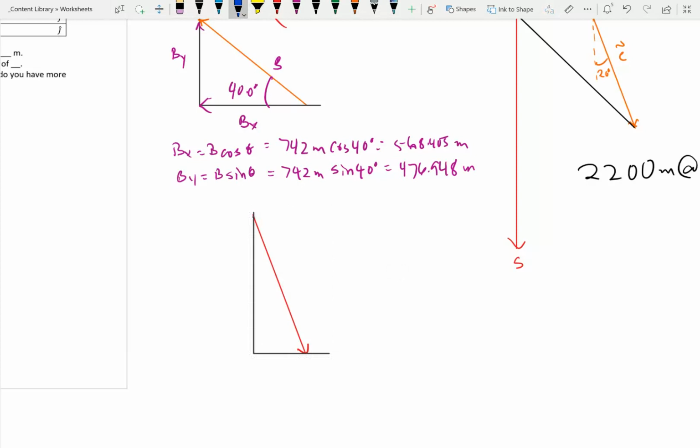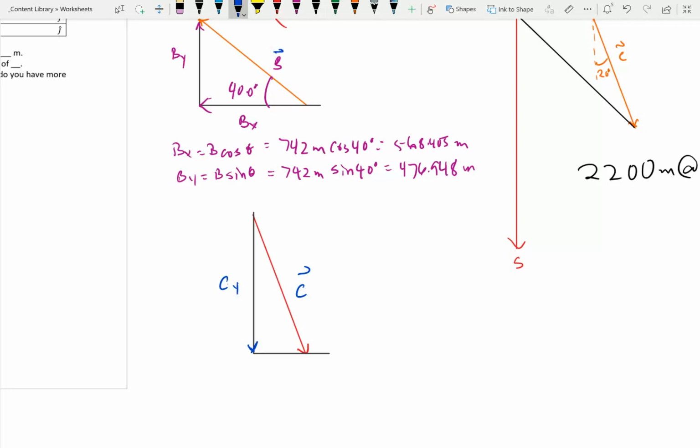So it had to go down. Wow, I really was not making good lines there. So this is the C vector.